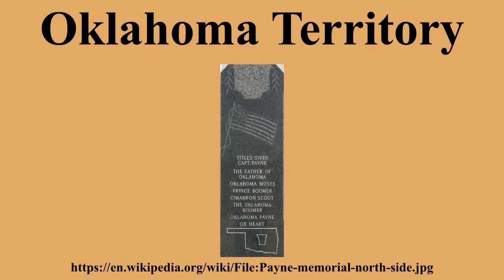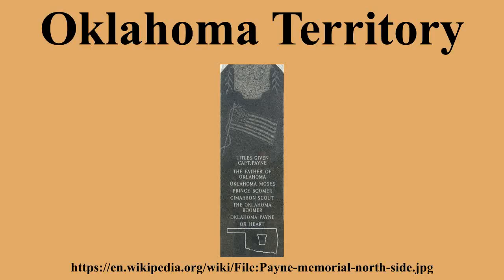Path to statehood. With the passage of the Organic Act of 1890, Oklahoma Territory existed from 1890 to 1907. During that time, 7 governors administered the territory. During its 17-year existence, little of note occurred due to the growing idea of statehood, which had originated in Indian Territory.